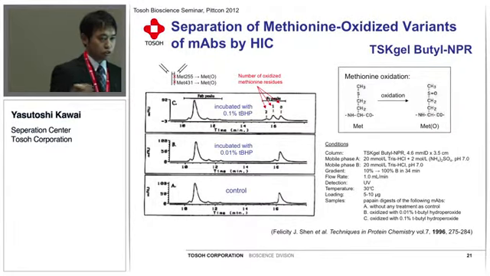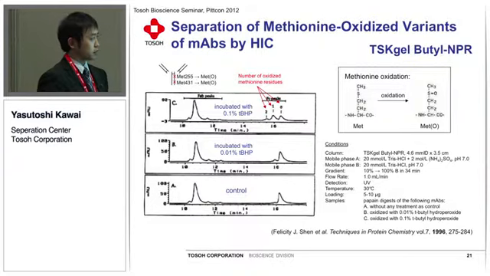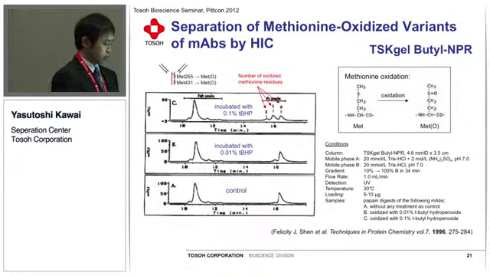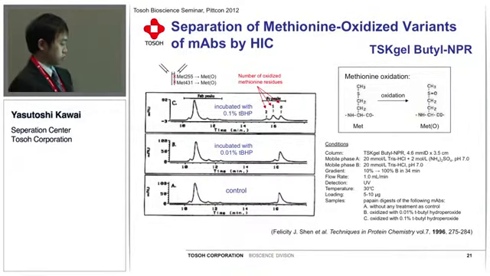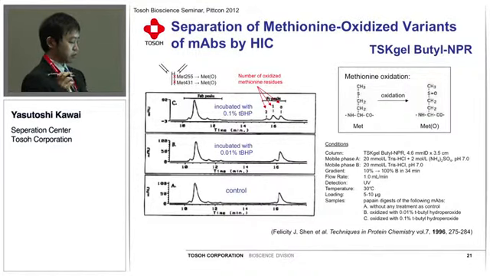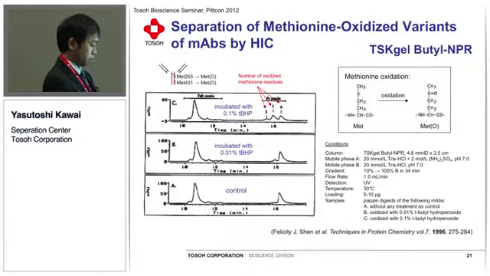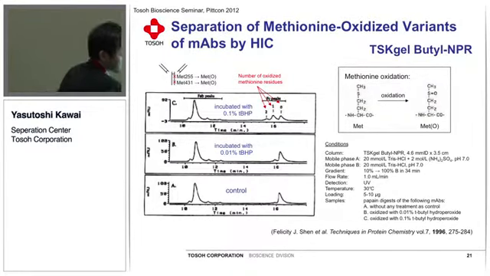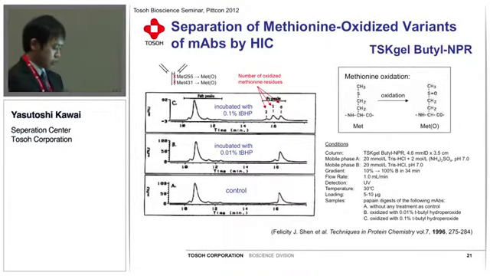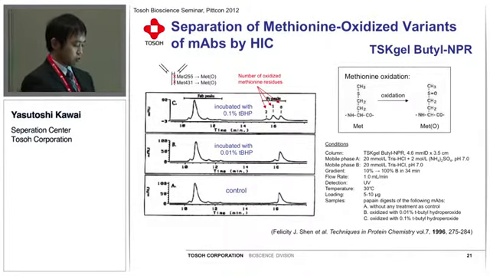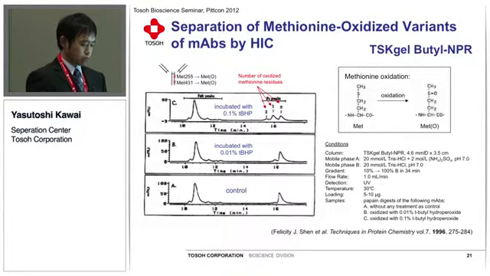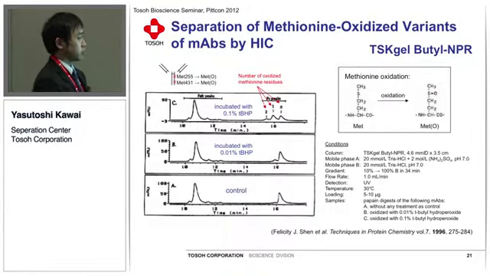I'd like to show another example of separation by HIC. This slide shows the separation of methionine-oxidized variants by HIC. This study is cited from this reference. Antibody was oxidized with tertiary butyl hydroperoxide, digested with papain, and then separated by TSKgel Butyl-NPR column.